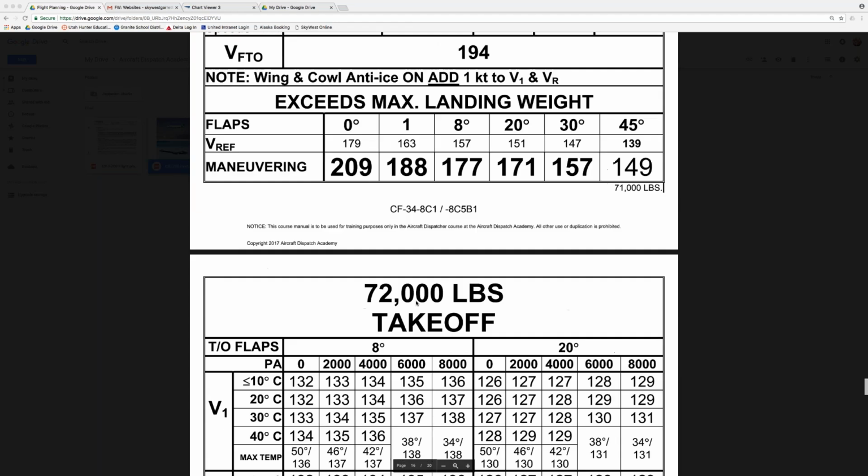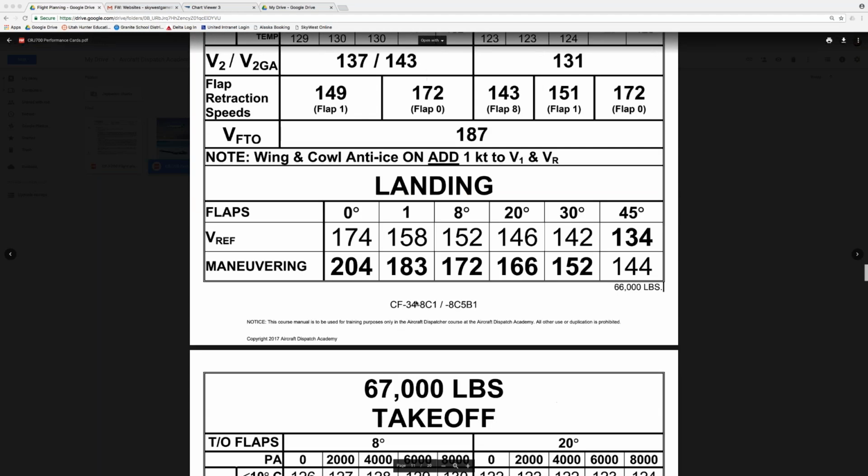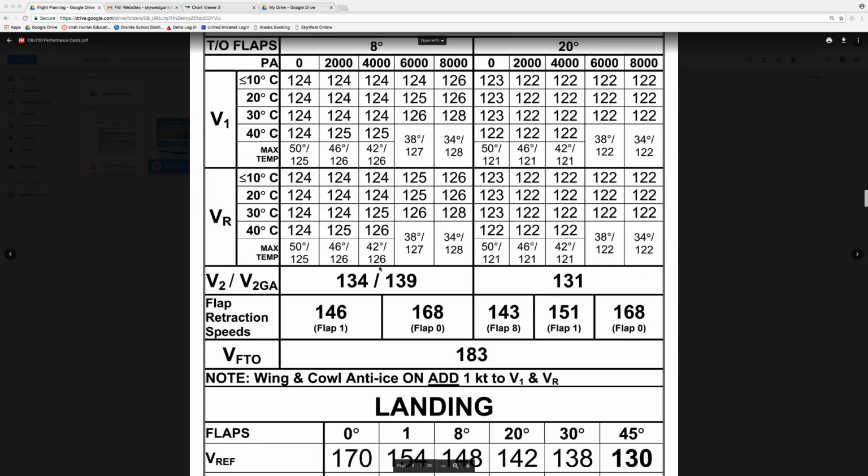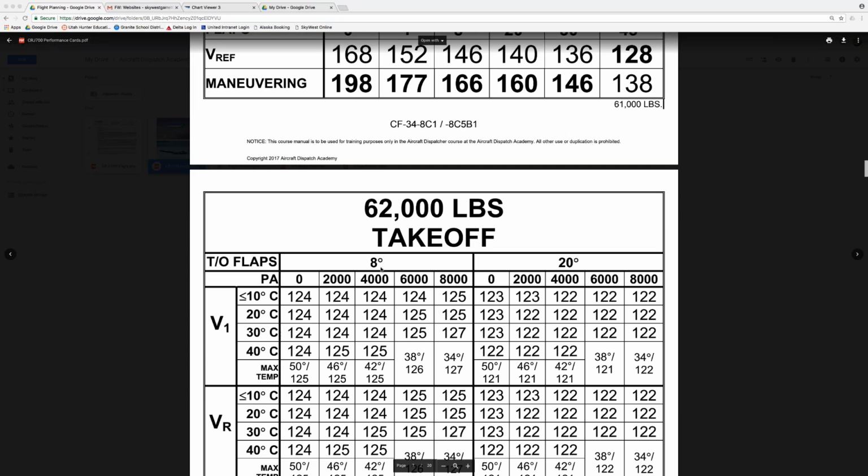Let's see. Trying to think of what else. That's actually quite amazing that it's only 1 knot, considering you're running all that stuff, you know? Yeah, definitely.